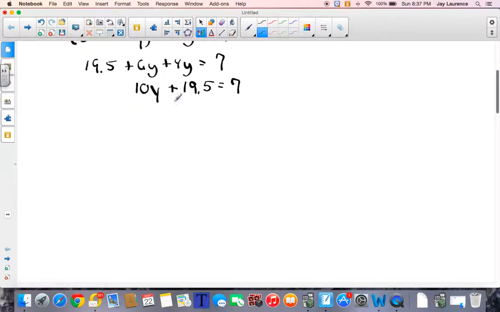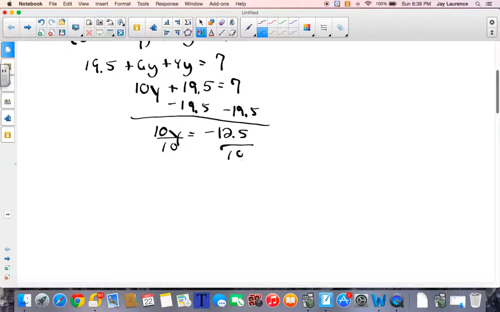And then I'm going to subtract 19 and a half from both sides. I'll get 10y equals negative 12 and a half. I'll divide by 10, divide by 10. And then y is going to equal negative 1 1/4, 1 and 25 hundredths.